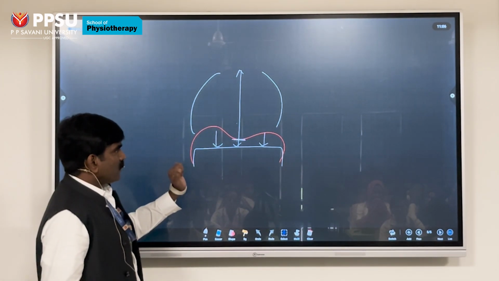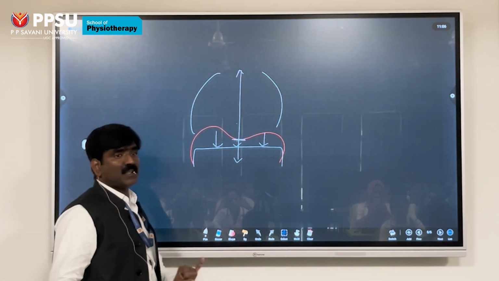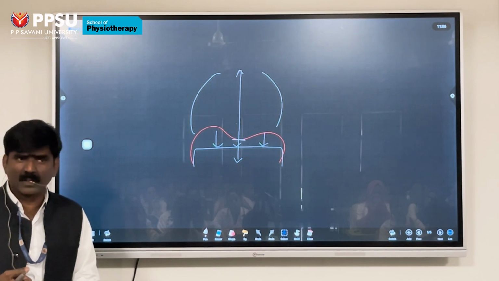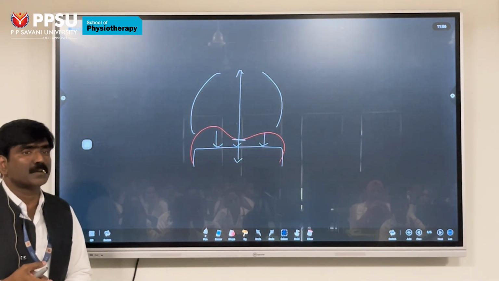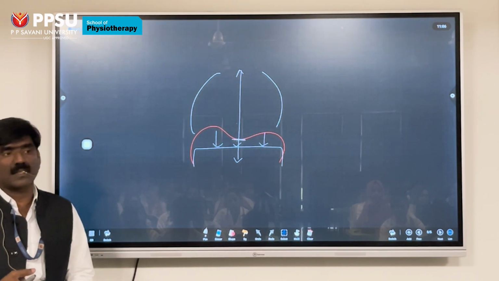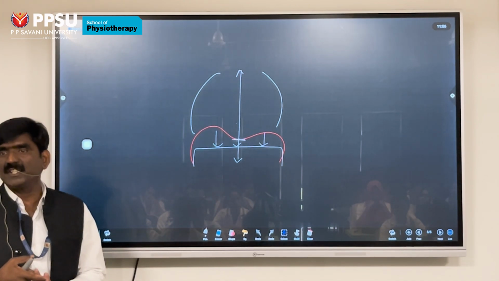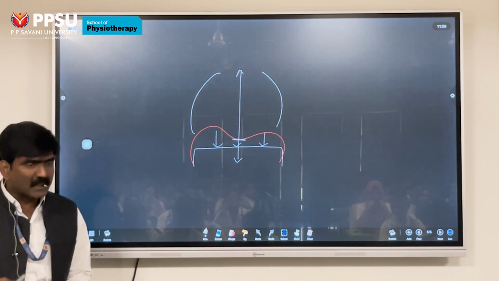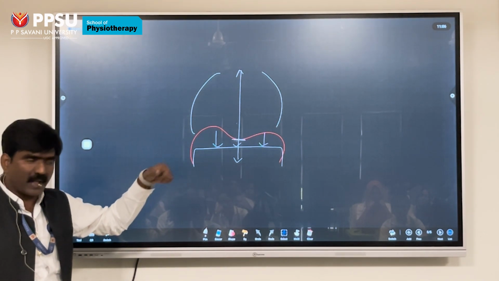When the diaphragm is contracting, what are the three forces restricting the movement? First, the abdominal content itself restricts the movement. Second, raised intra-abdominal pressure. Third, passive tension in the rectus abdominis. These are the three forces which are restricting the movement, right?